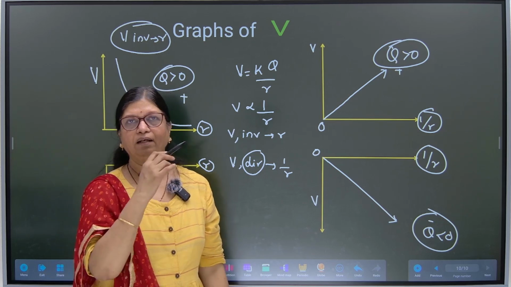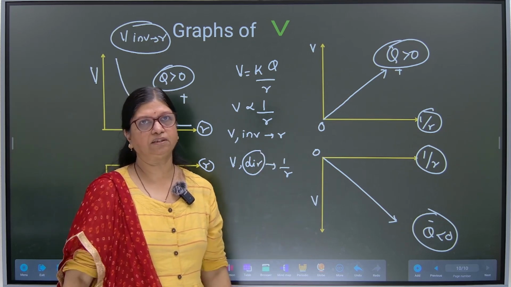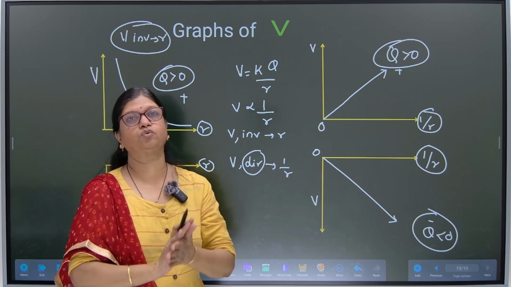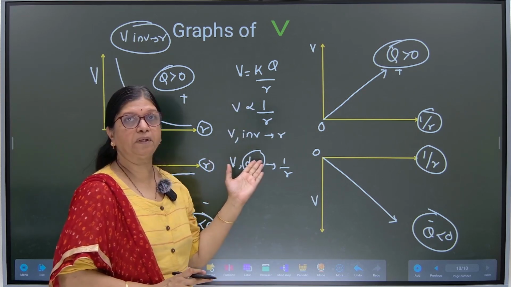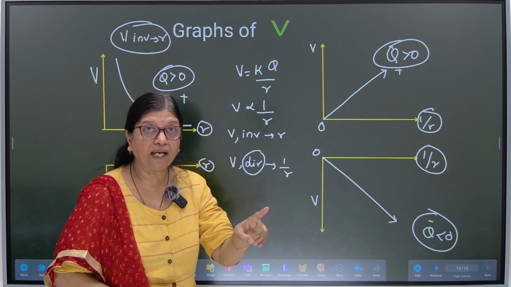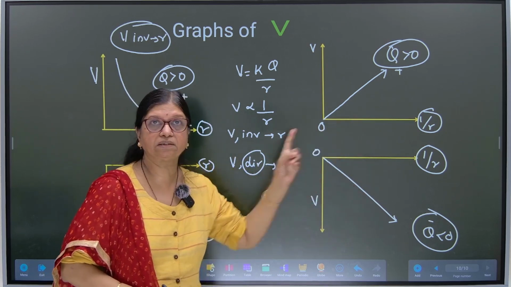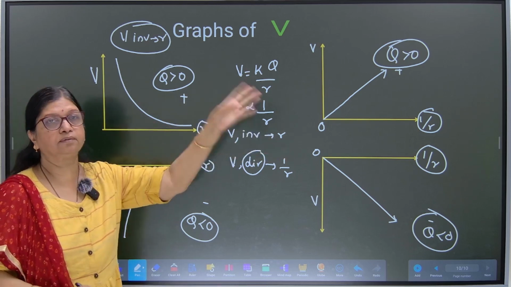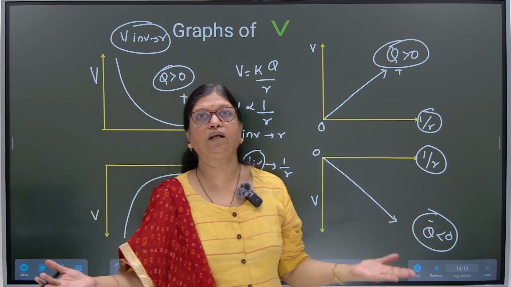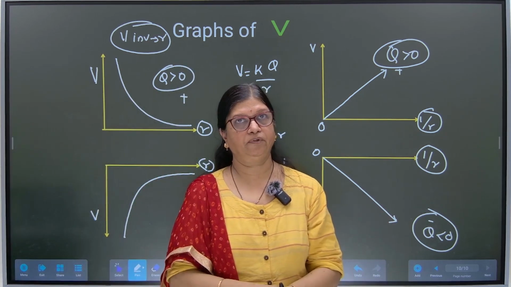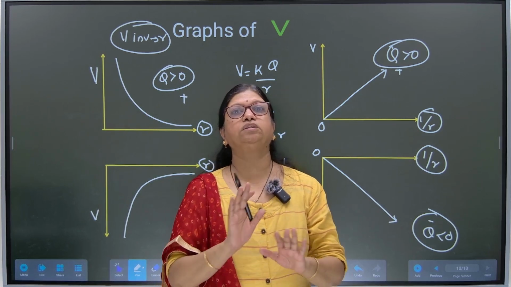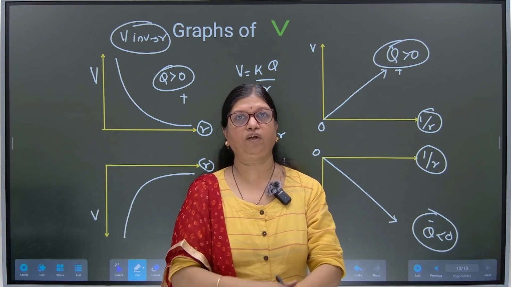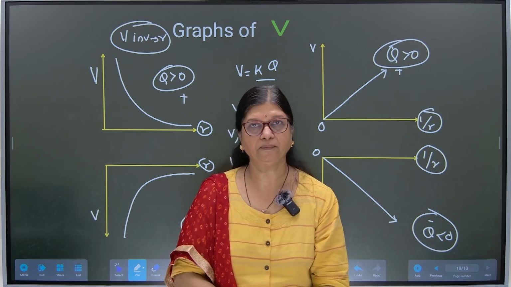Every year in entrances this kind of graphs are asked. Don't get confused. Be clear with how to go about it. Go to the formula, remember the proportionality. Your eyes must go to the x-axis and also to the polarity of the charge. Then you can understand the quadrants. Clear? Okay? So just take a pic and understand what I have tried to convey through these graphs. Fine? Okay.